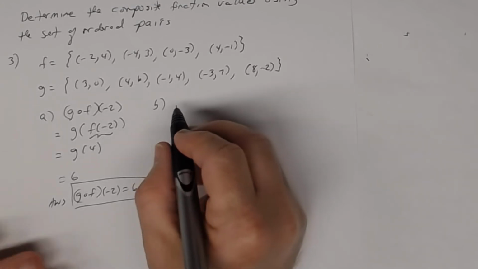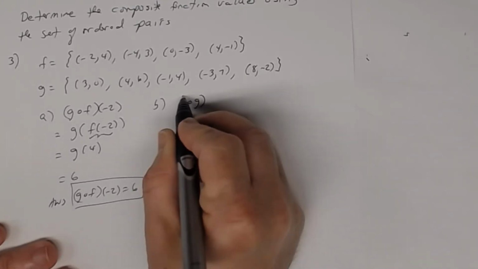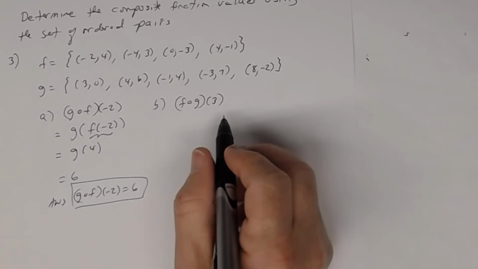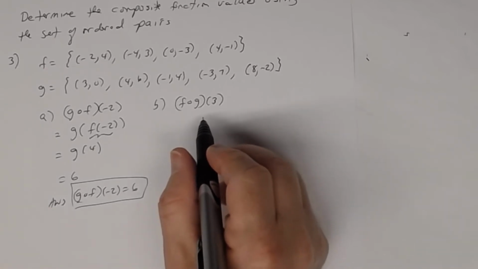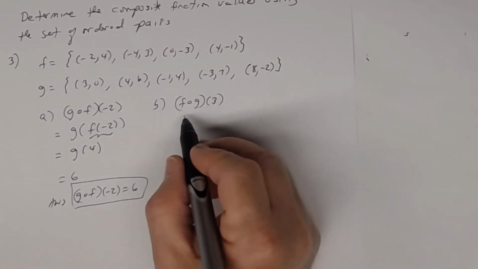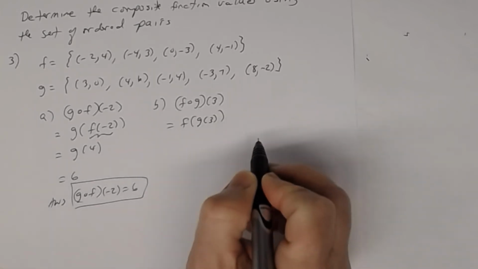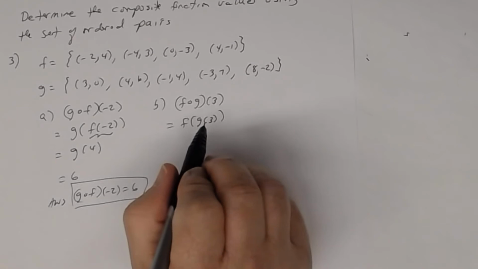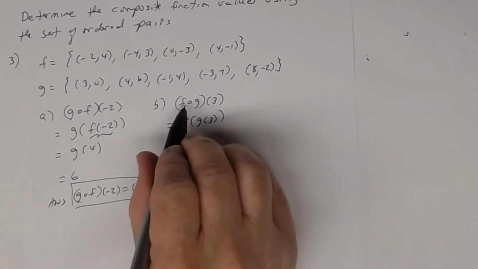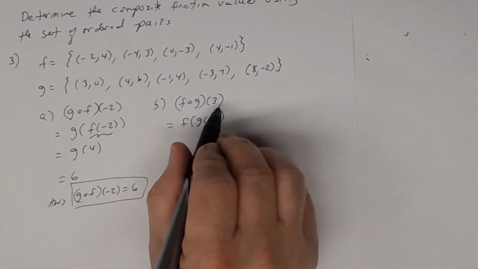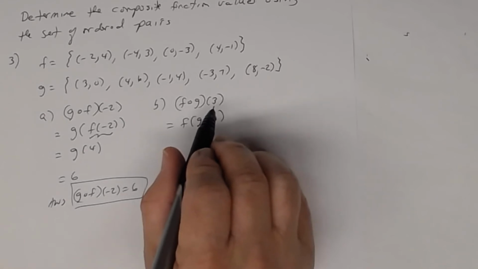Letter B. Let's say in B, you want to find f composed with g at 3. It helps if you write the definition. You should. So by definition, this means f of g of 3. Remember, I am looking for some work. So don't just give me the answer. I want to see your thought process. I want you to tell me what you're doing.